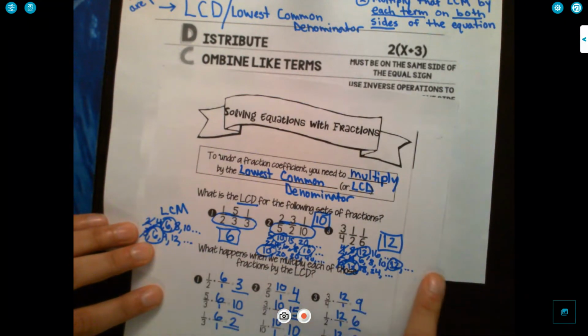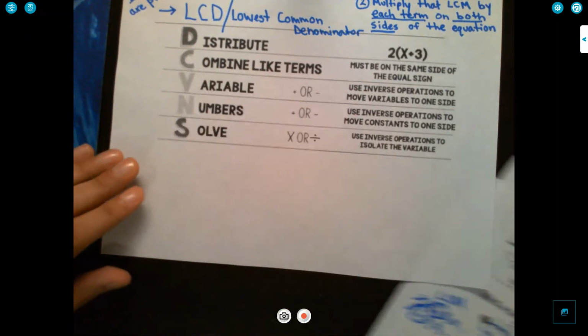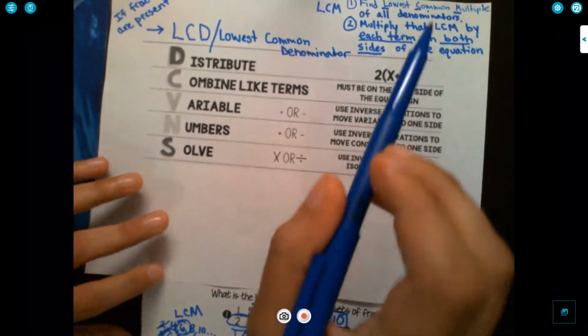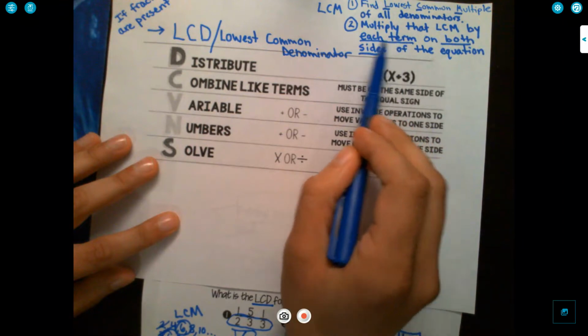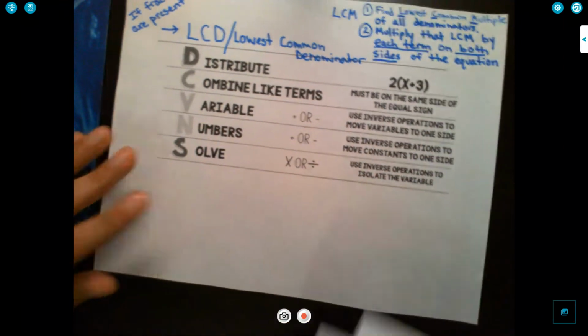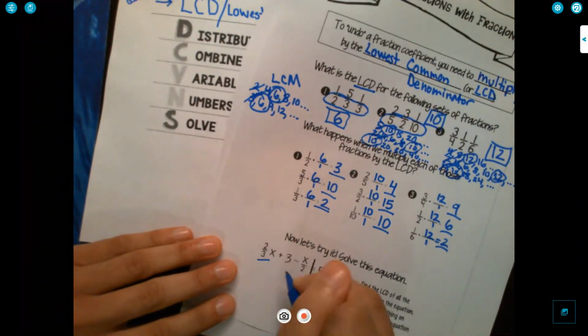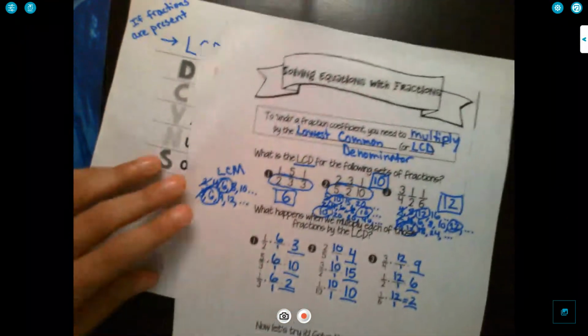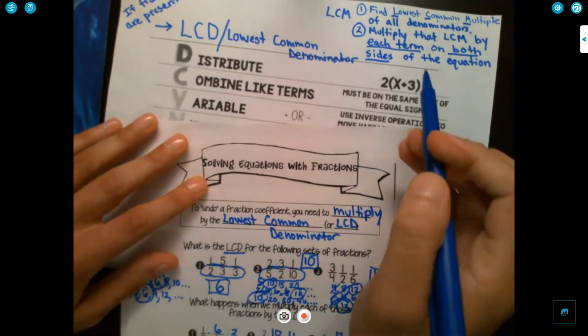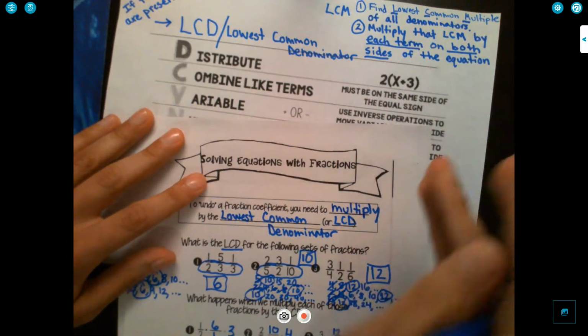In these fractions, we found the lowest common multiples of the denominators. And then we multiply that LCM by each term. Remember, this is a term, this is a term, this is a term, and this is a term.